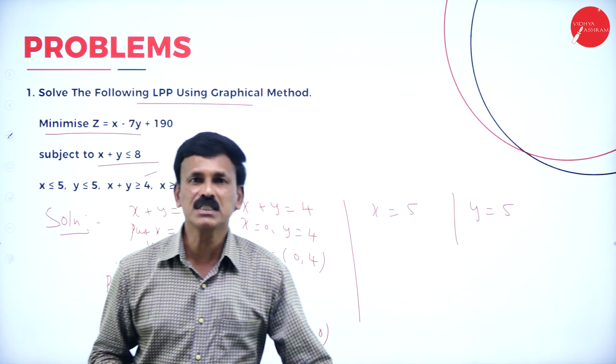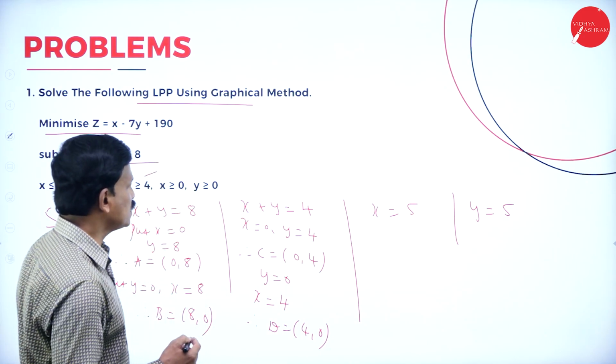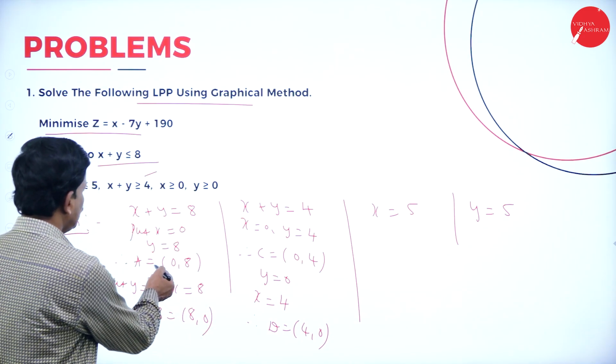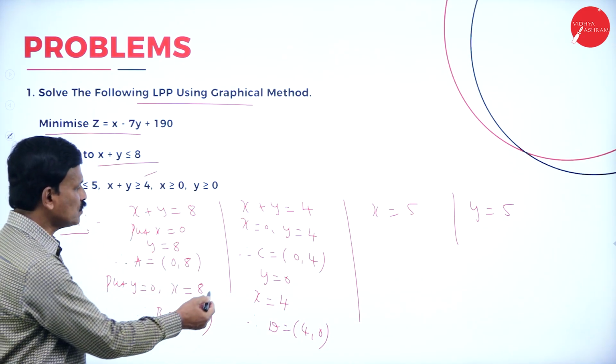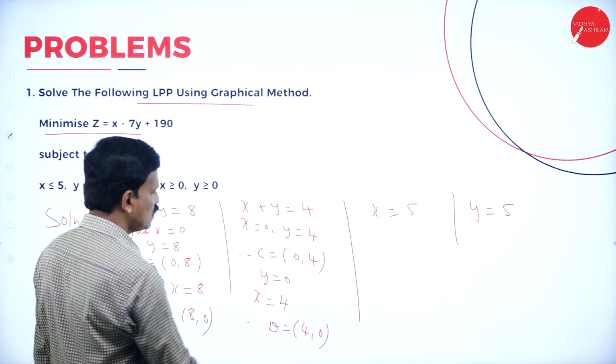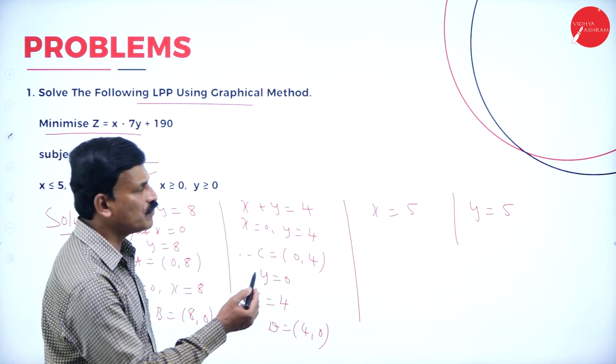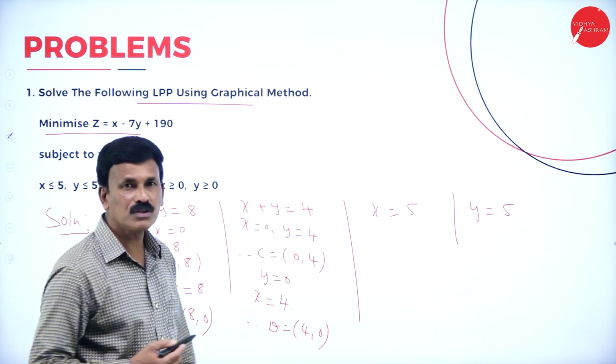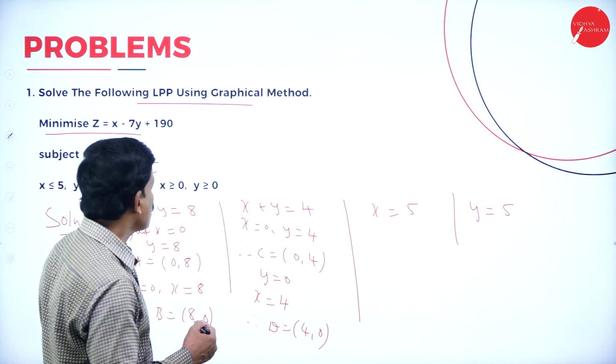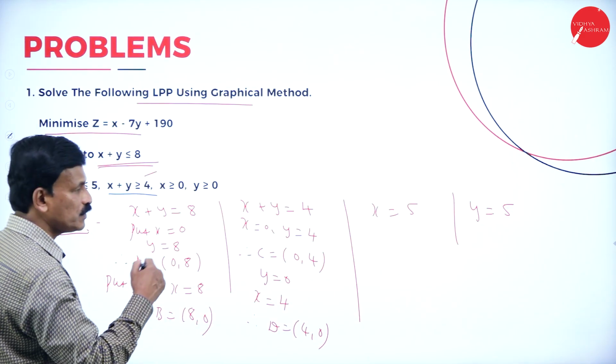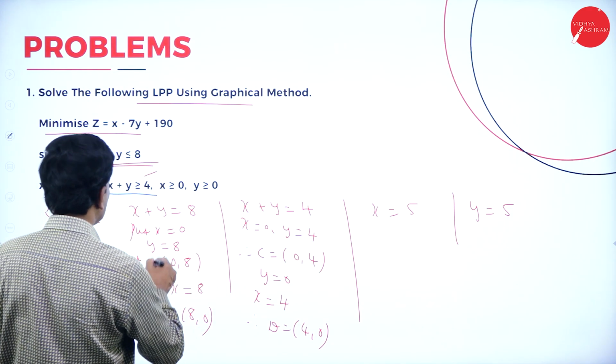Now, let us represent this in a graph. A 0, 8, B 8, 0, C 0, 4, D 4, 0, and x is equal to 5, a line, and y is equal to 5, a line. So, from this we are getting the points, the corner points.